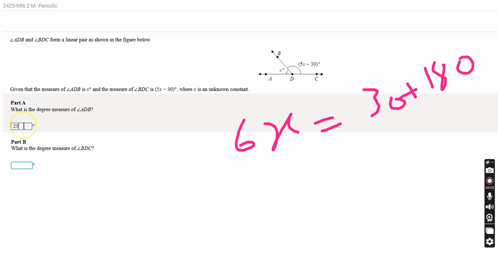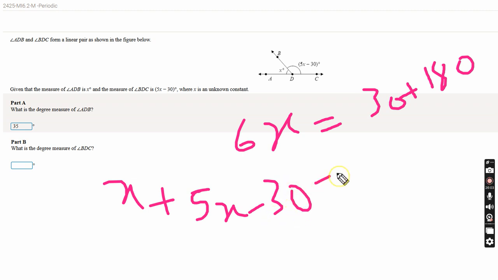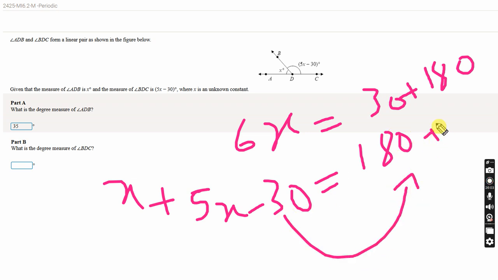It will be 35. Because remember, what were we doing here? We got x plus 5x minus 30 is equal to 180. When you take minus 30 to the other side, it becomes positive 30, right? And becomes 210. So 210 divided by 6, you get 35.